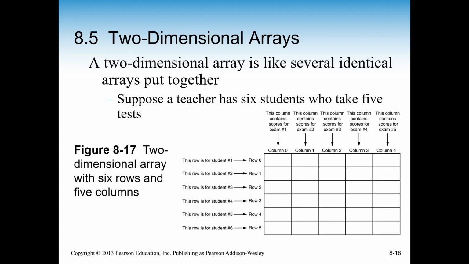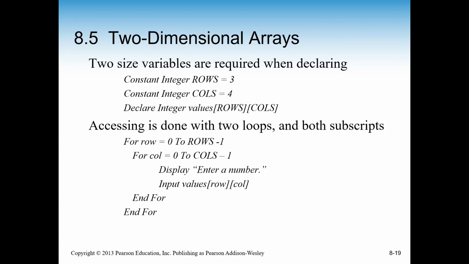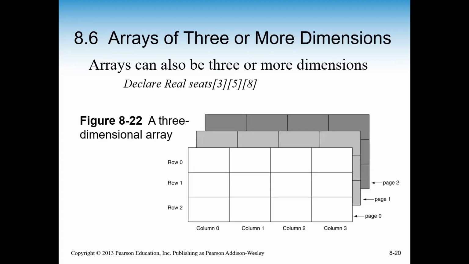You don't have to worry so much about this for now. We'll try to master 1-dimensional arrays and then work our way up. This is an example of how to iterate through a 2-dimensional array. We also introduced 3 or more dimensions at a very high level.